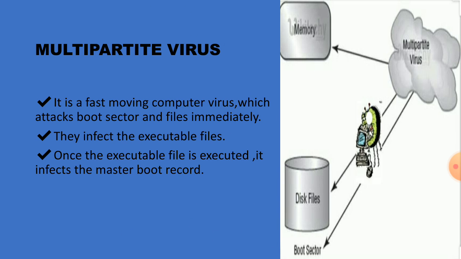Once the executable file is executed, it infects the master boot records. Once you boot your computer, the virus is loaded into the memory and from there it infects the other program files and replicates itself.